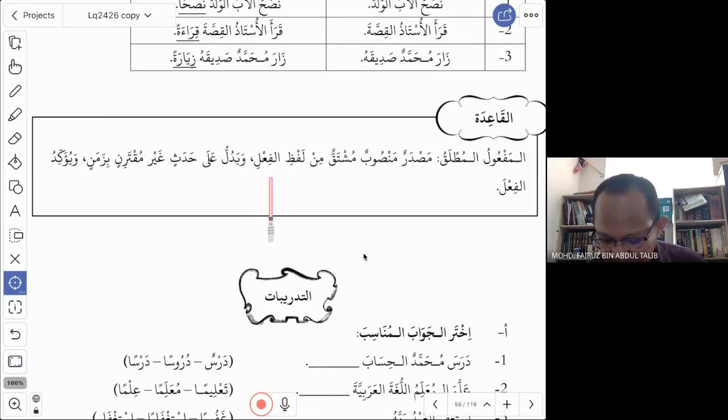This is referring to the masdar. So masdar is mushtaq. Mushtaq means derived. We have learned this word before. So the word is derived from the fi'l, from the lafz of the fi'l. So it must be from the same fi'l. You form a masdar and it is taken from a fi'l. So basically this is similar to what you have learned before about masdar.